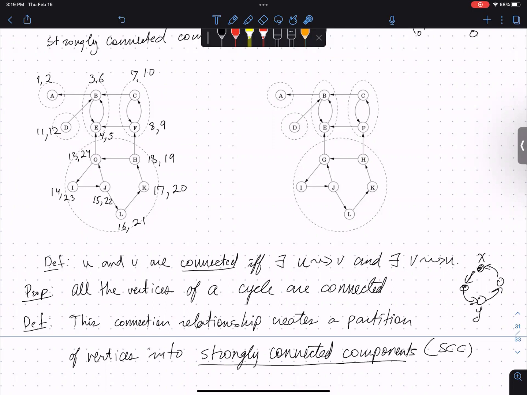Yeah. Why not merge these two? If we do, is there a path from E to C? There's no path from E to C, right?